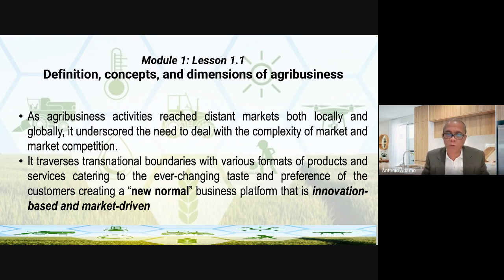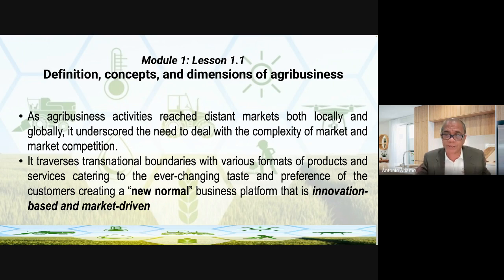And now, because of very fast and very innovative technology that we have, agribusiness is facing a new challenge in terms of disruptive technologies. Disruptive, I mean, it's an abrupt change of consumption, abrupt change of distribution, and abrupt change of production. That is now the new normal in the whole gamut of activities in agribusiness.